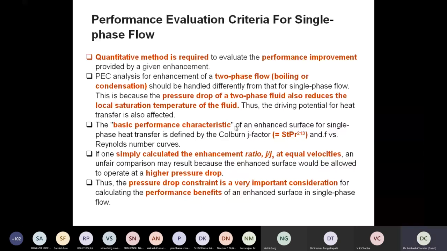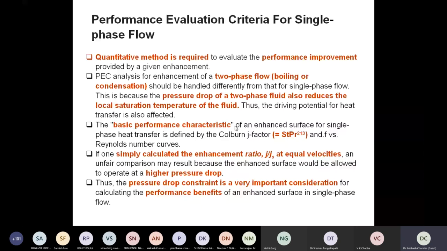So the basic performance characteristics of the enhanced surface for single-phase heat transfer are defined by the Colburn J factor. I hope many of the participants are aware of the Colburn or Prandtl analogy, the Reynolds analogy, right? So there's a relation between friction and heat transfer, between heat transfer and momentum transfer, right?